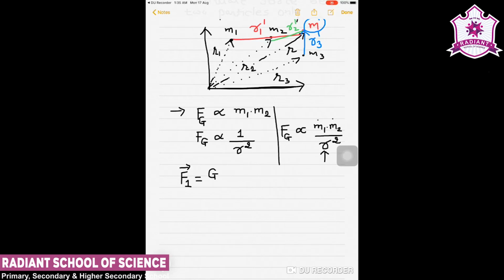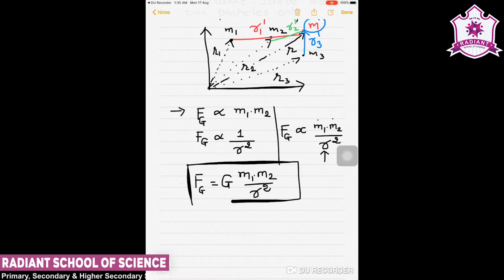One more thing that I have to explain, that if we remove this proportionality sign, we get one constant that Newton called the gravitational constant, written as capital G. So this is the equation of gravitational force.